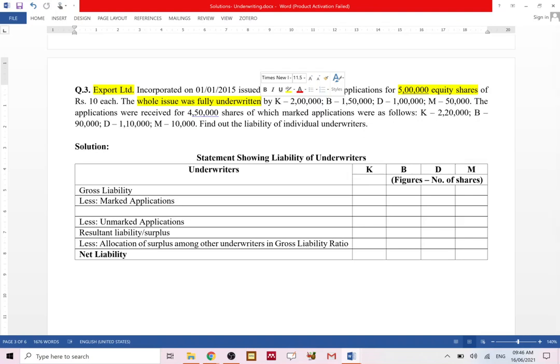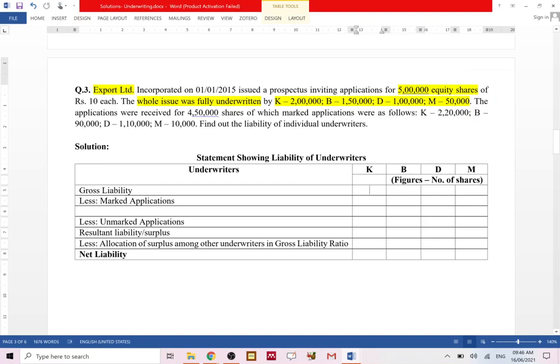The issue was fully underwritten by 4 underwriters. You have K, B, D and M. And how much did each one take? K agreed to take 2 lakh, B agreed 1 lakh 50,000, D agreed 1 lakh and M said 50,000.